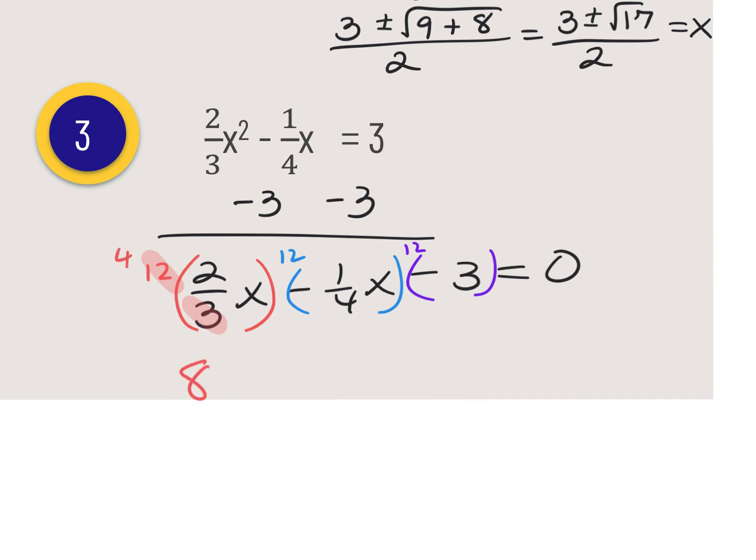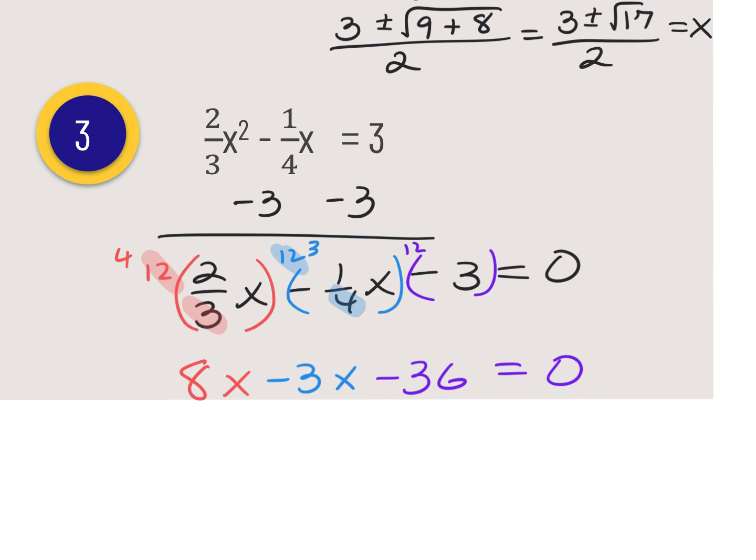So then this becomes 8x. Then I'll do the same thing for the blue. I can simplify it, and then the 12 becomes a 3. And then I get negative 3x, and then nothing to cancel on the purple, so it just becomes a negative 36. Now I have integers that I can plug into my quadratic formula.